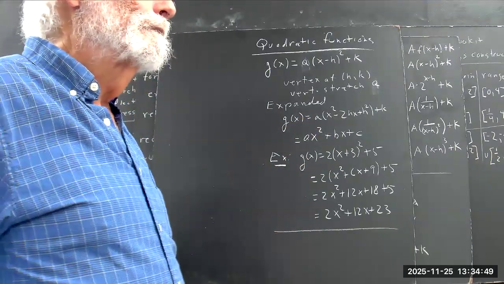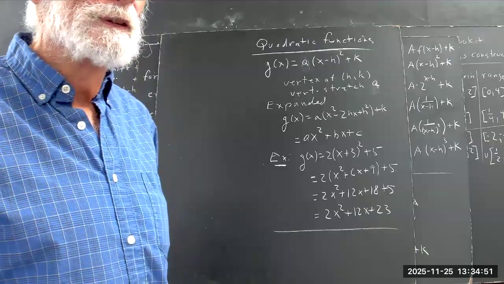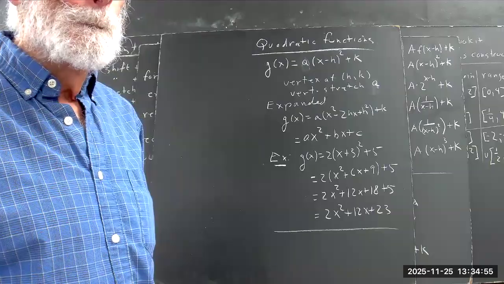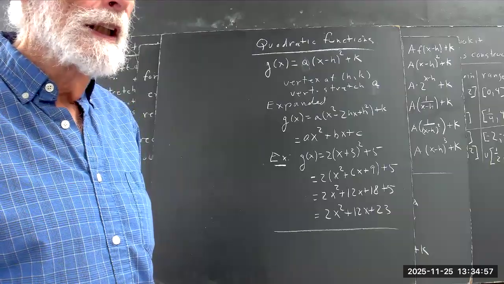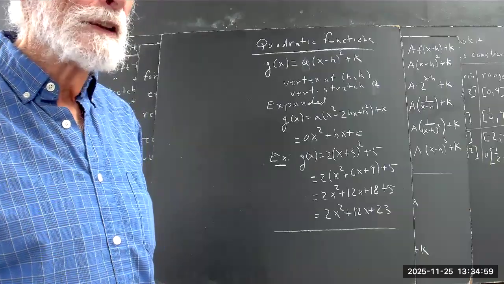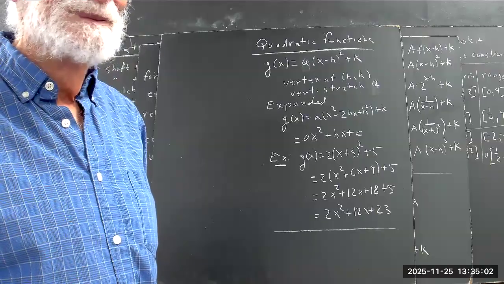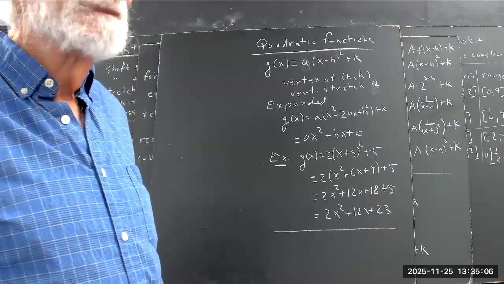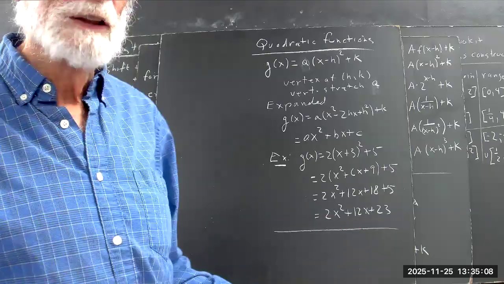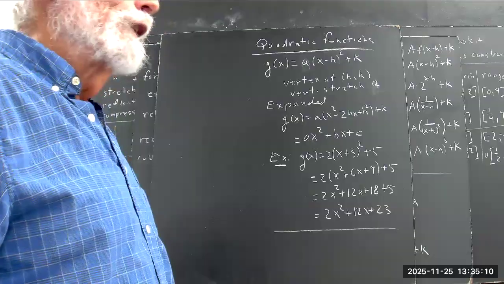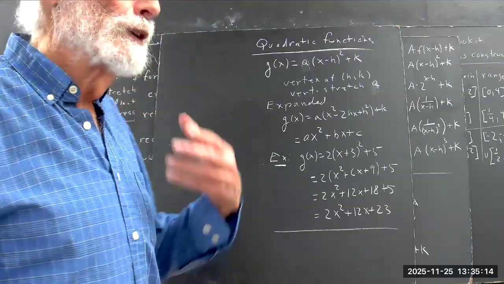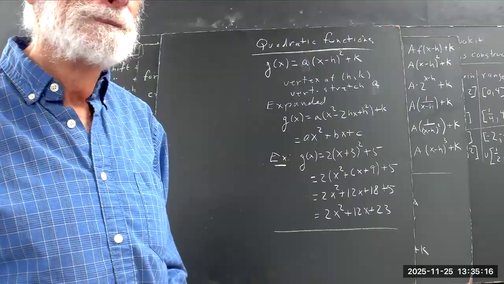Now, I make a controversial choice in this class. 95% of the class is not equipped to understand completing the square. Most of the people here today are, but I'm not going to do that. Just don't do it in this class. If you see it in a later class, if you understand everything we've done in this class, you're not going to have any trouble understanding it. Okay?